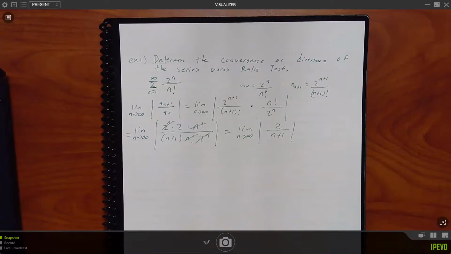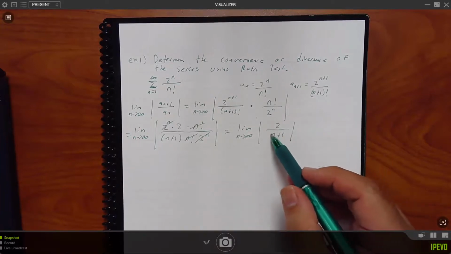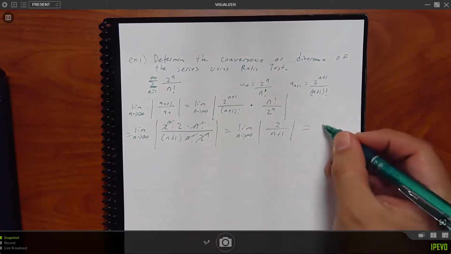What is the limit? There's an n on the bottom. Yeah, it goes to 0.